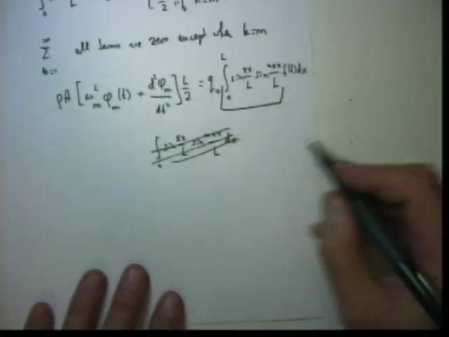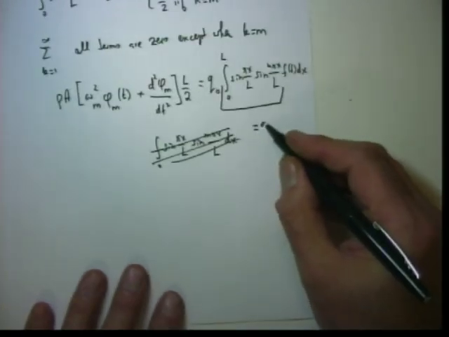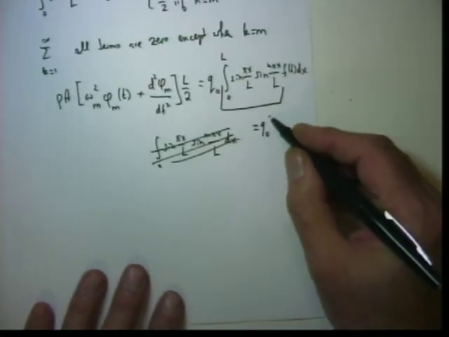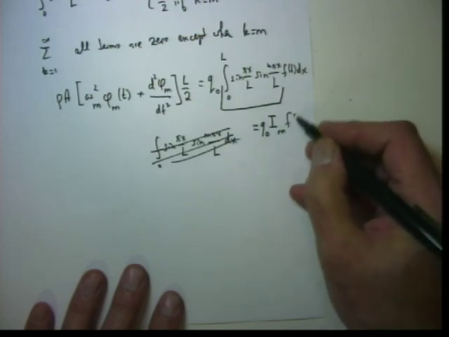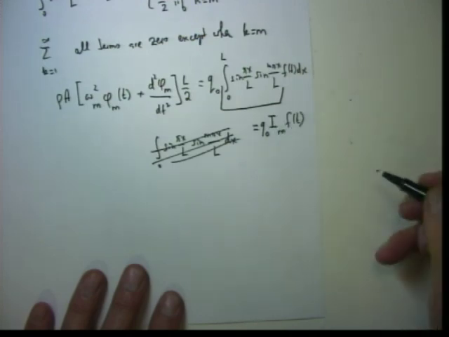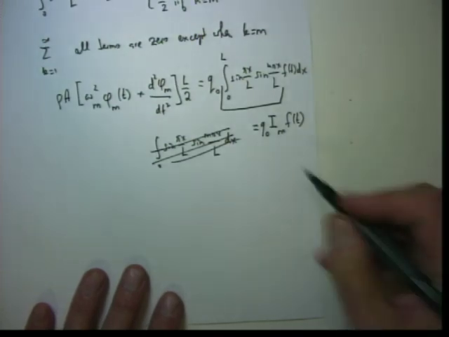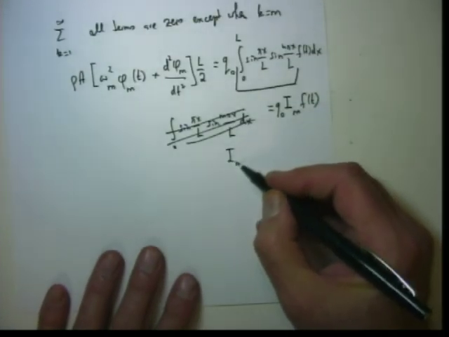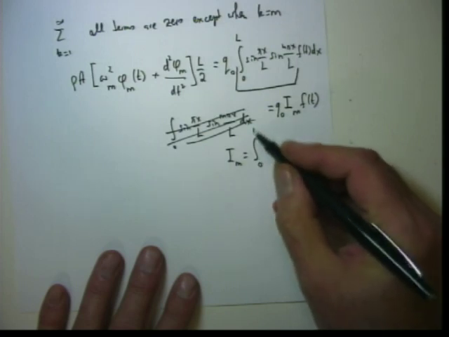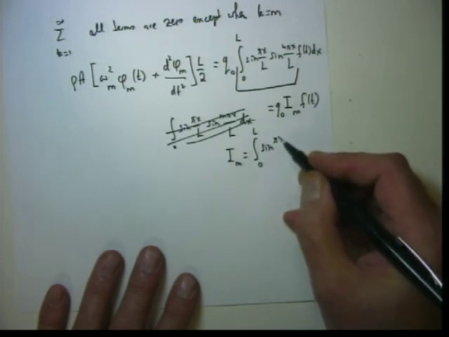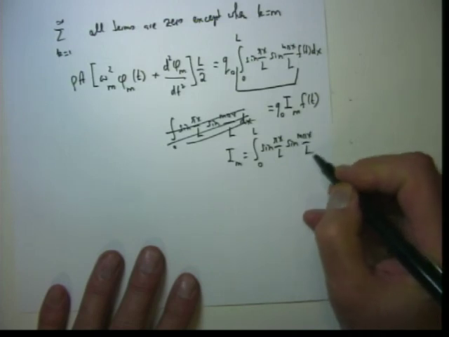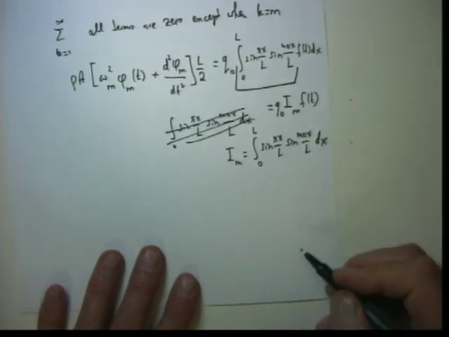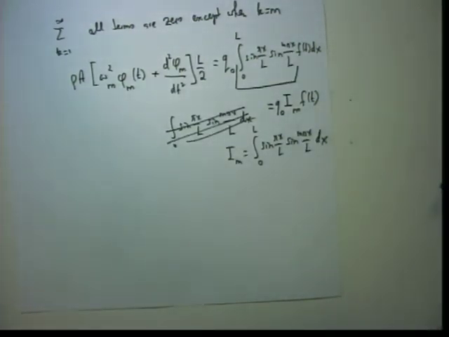So this we denote q sub 0 and then I m f of t. This I m is the integral. Okay, that is how I denote it.